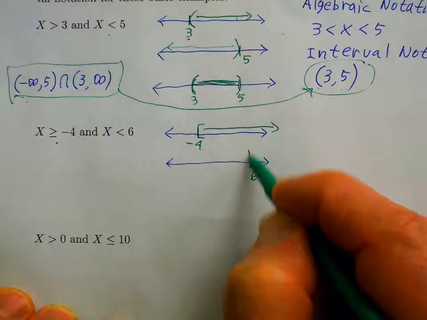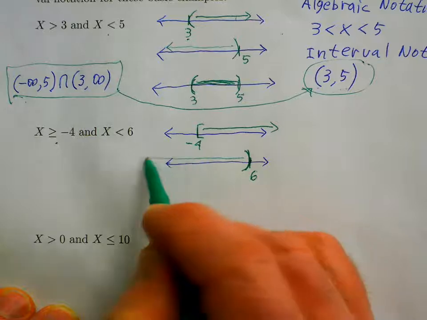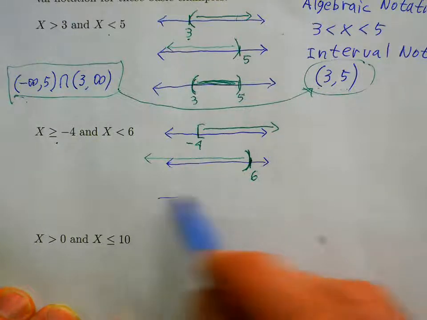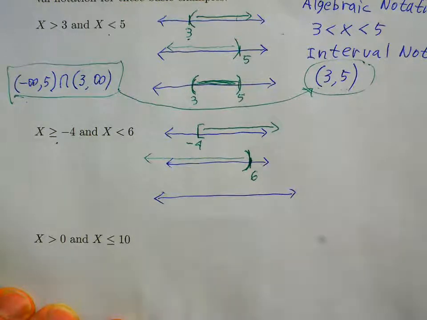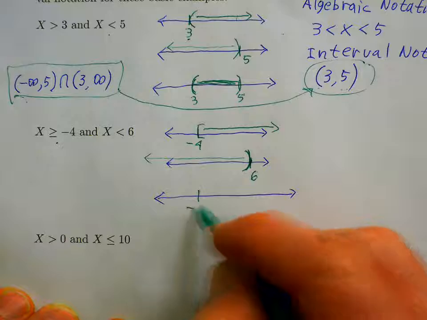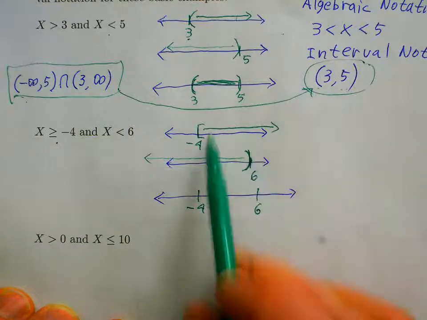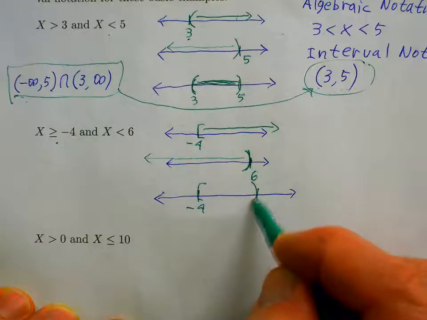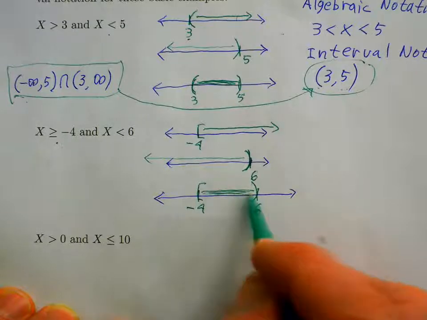This time we'll use a parenthesis that opens to the left, and then we shade to the left. And the overlap is going to involve the numbers negative 4 and 6. So we have a bracket at negative 4, a parenthesis at 6, and then the numbers between also.